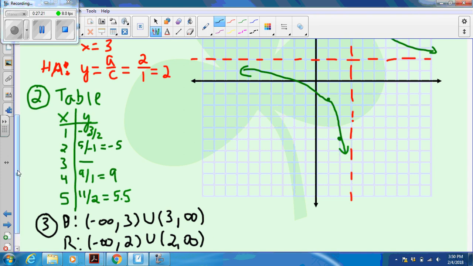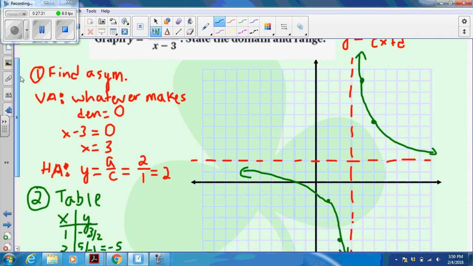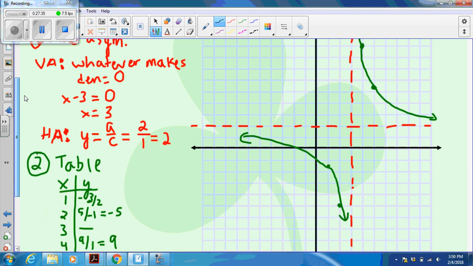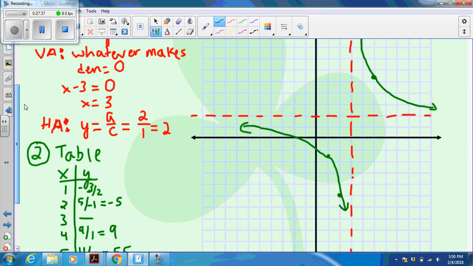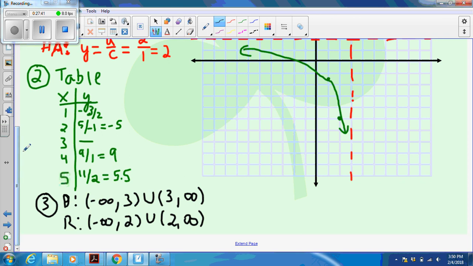And so that's how you would graph a rational function in the form of y equals ax plus b divided by cx plus d. And remember, if you need to ever pause the video so you can get all the information, that's always a good idea to do. And then there's our domain and range down there.